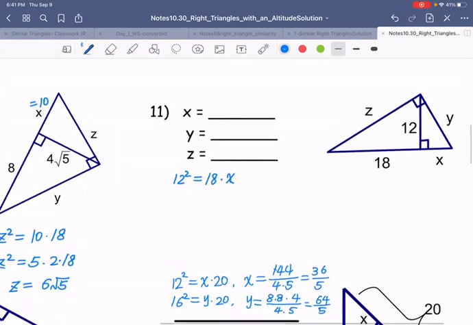12 squared can be rewritten as 3 times 3 times 4 times 4, right? Yes. 18 can be rewritten as 2 times 9. 12 is 3 by 4, squared, so another 3 by 4.